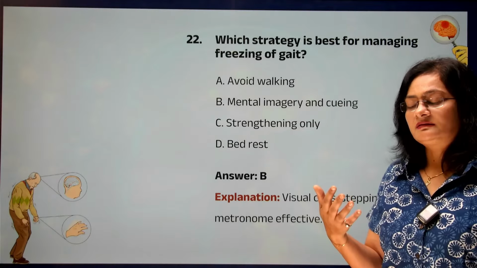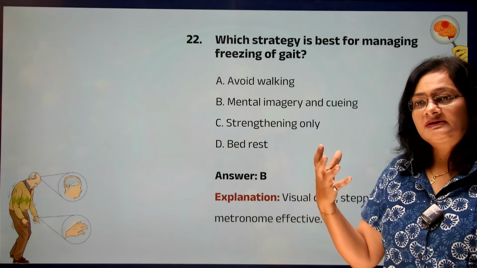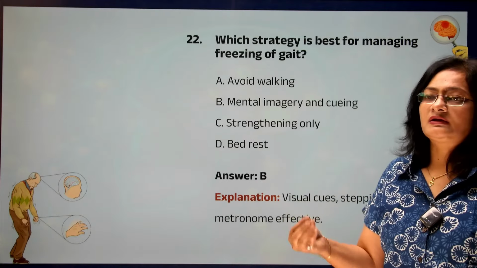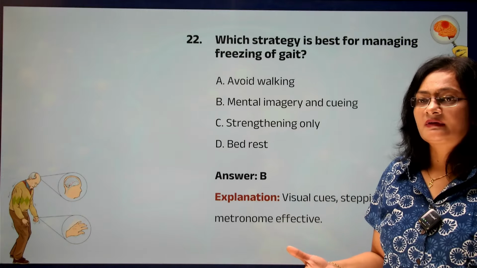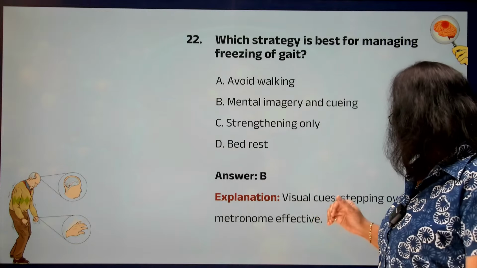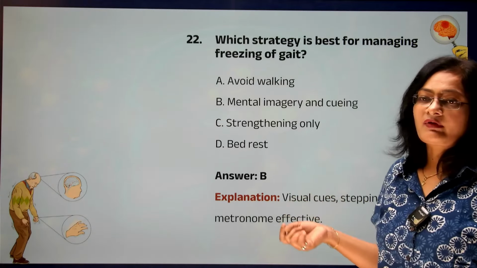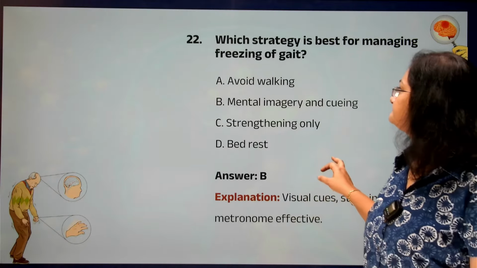The patient will imagine that he is walking. So mentally imagining that and externally giving some cueing will help in overcoming the freezing episodes. So B will be our answer: visual cues plus tapping over a line and a metronome are effectively used. Metronome is walking with the beats.